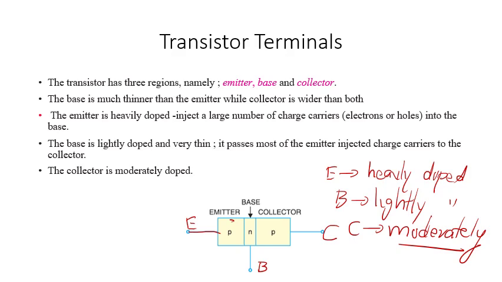About the size, the collector is usually very large compared to the other two, the base width is very small, and the emitter region has a size between the base and the collector. These are the properties of the three terminals of a transistor.